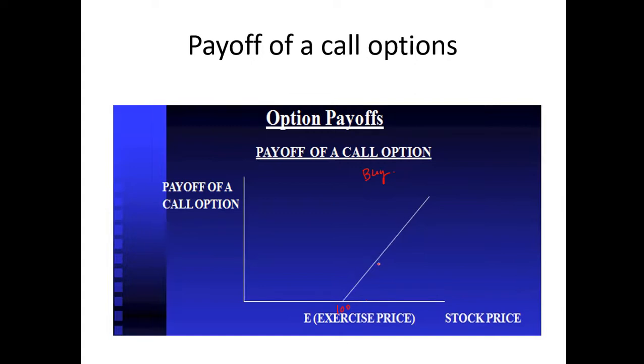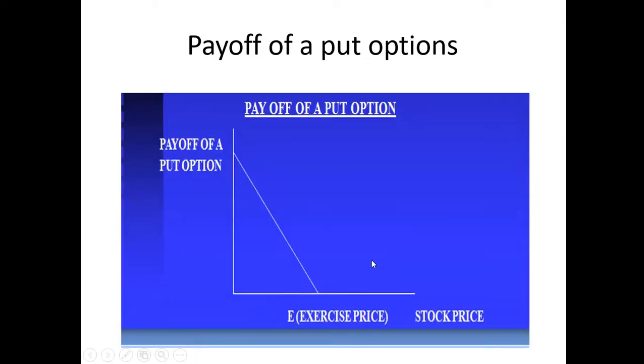This line gives us the payoff, so the difference will be the payoff to the call option. Similarly, for the put, if the price is lower, this area will give the payoff to the option, because if the price is higher, beyond this, why would you sell at a lower price? You will sell, let us say, at 105 or 110. So that is why the payoff is also shown like this.